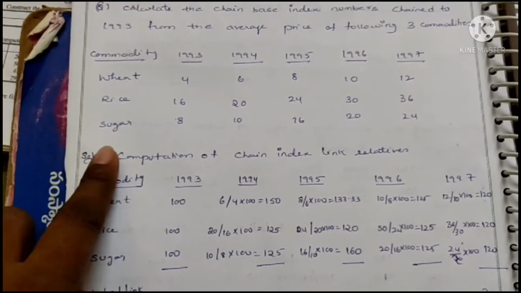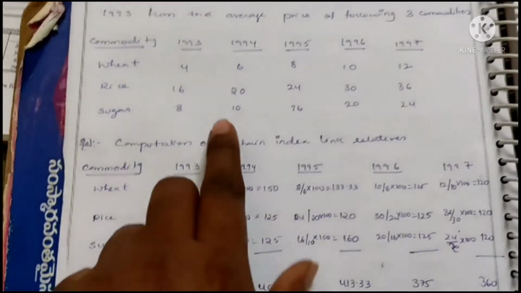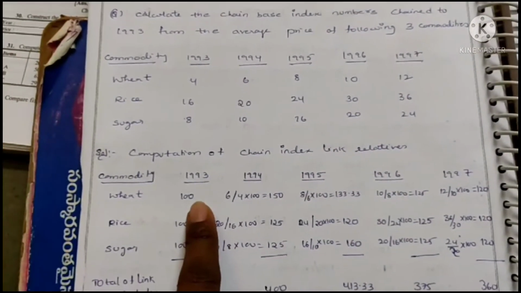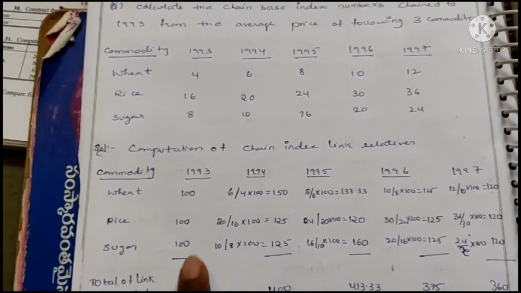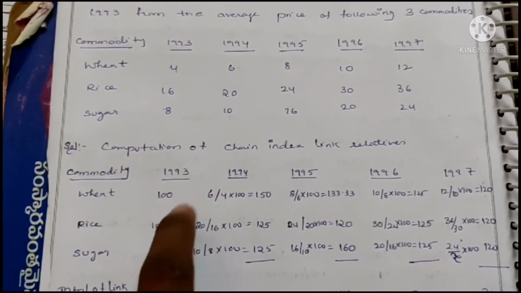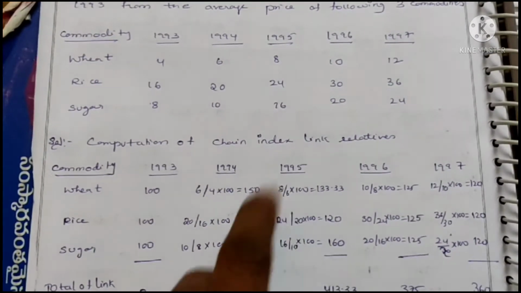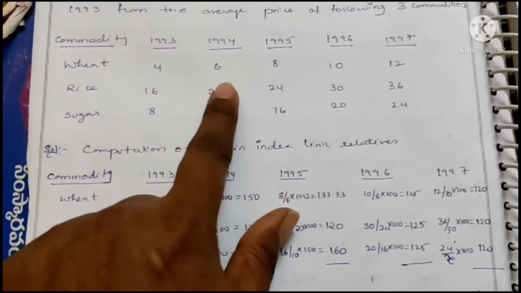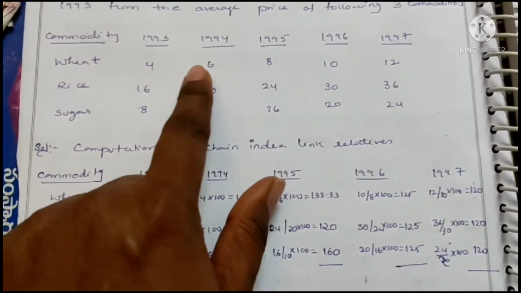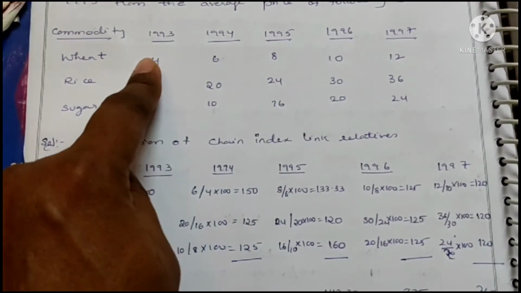For each commodity: 1993 is the base, so we take 100 for all, for wheat, rice and sugar. From 1994 we calculate the link relative: current year divided by previous year.